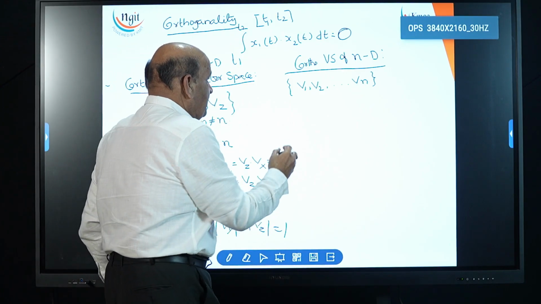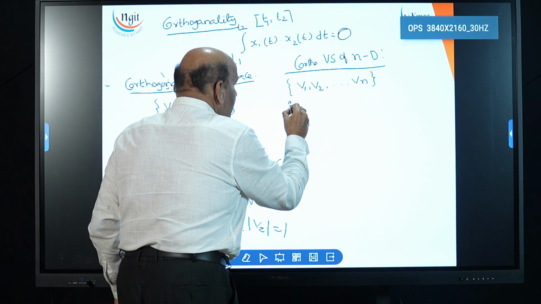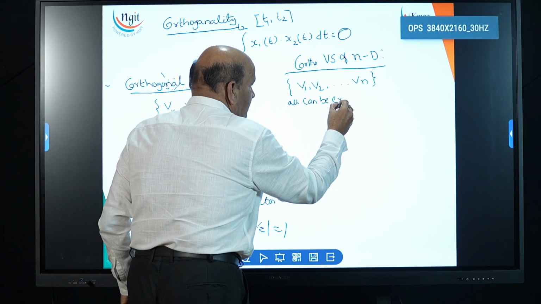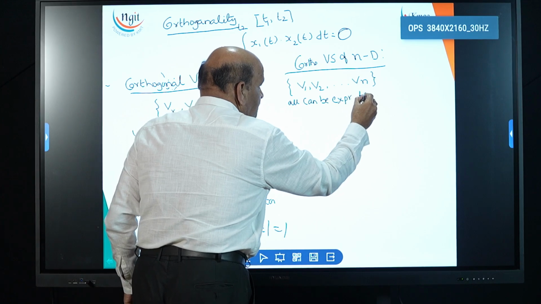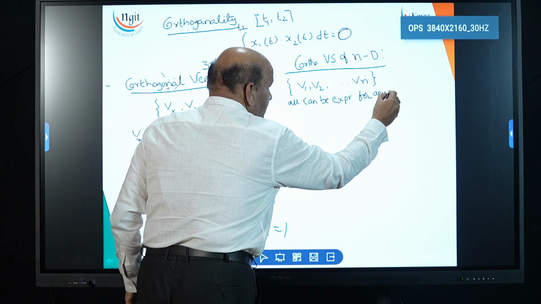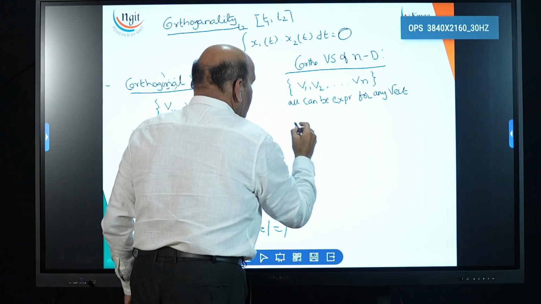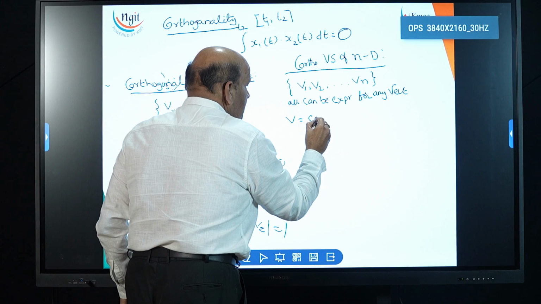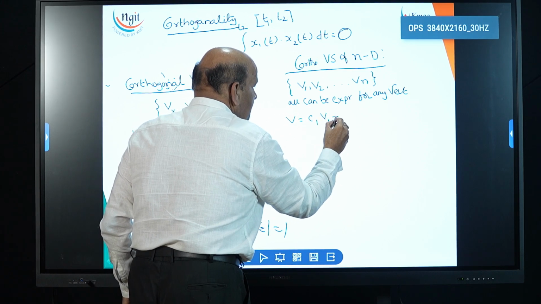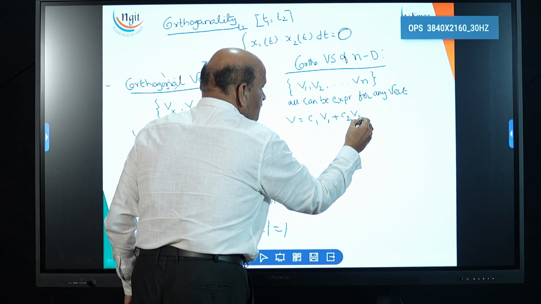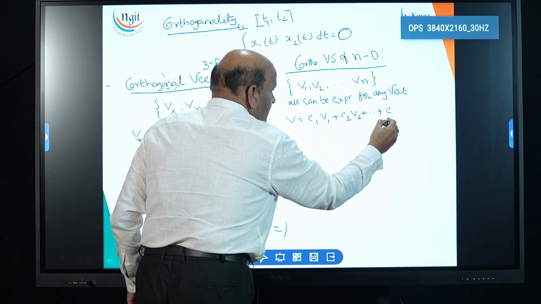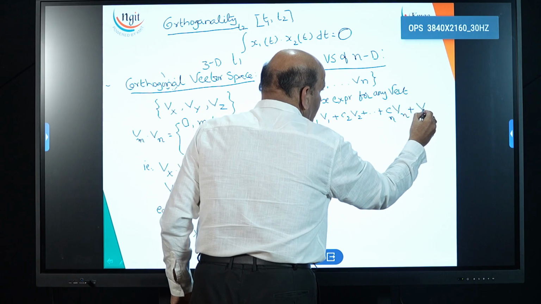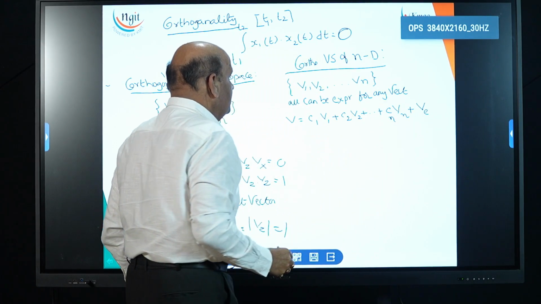Now any vector can be expressed, for example, v equal to some constant into v1 plus some constant into v2, etc., some constant into vn. At the same time, there may be some error also.